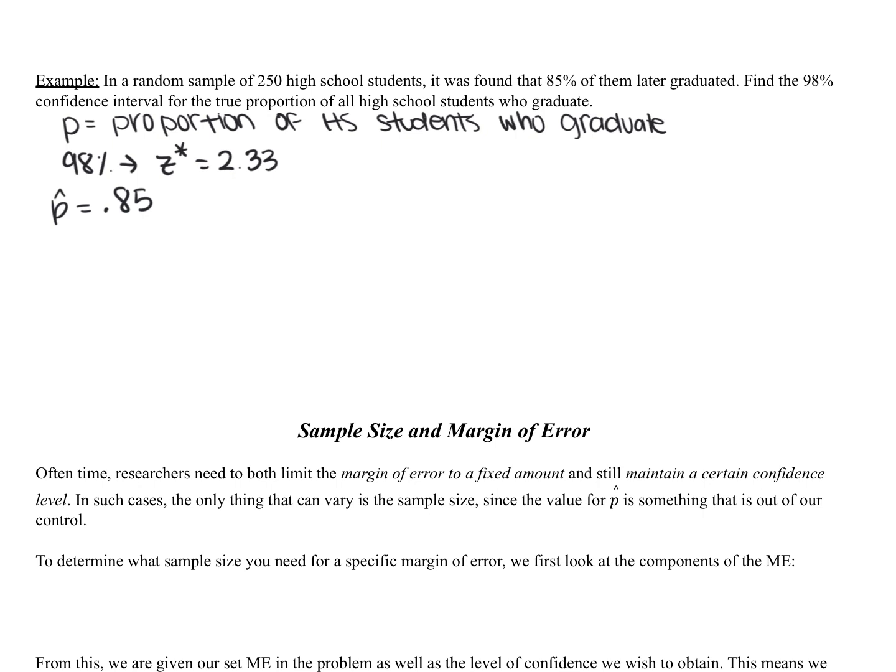And X isn't guaranteed to be a whole number this way, and I want X to be a whole number. And then lastly, we are given N, which is 250. So now we can go ahead and check our conditions. So for random, it does say we are taking a random sample.